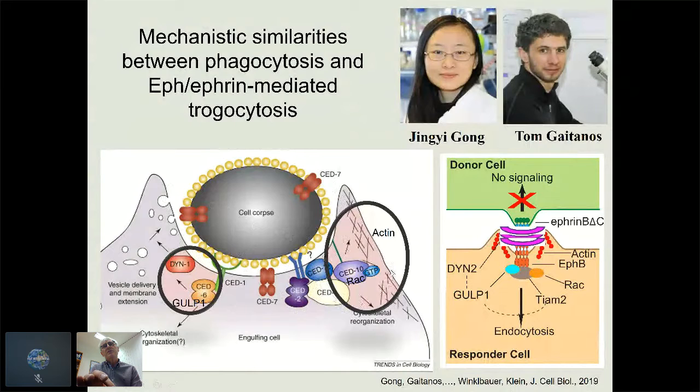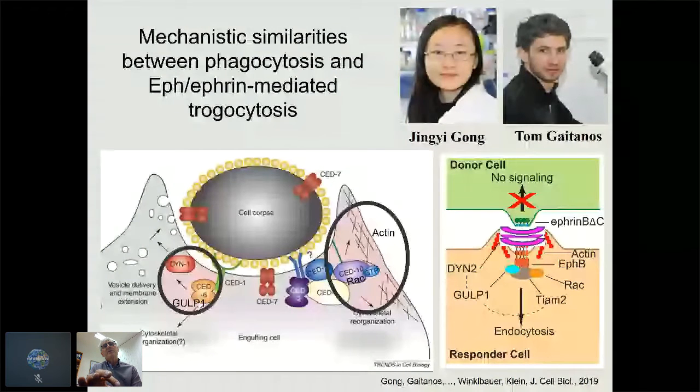Here on the right side, you see the RAC GTPase, you see the activators of RAC, the GEFs, you see actin polymerization, which is required. Here on the left side, you see this protein, GULP1, which was the focus of this paper. It's an adapter protein that has a phosphotyrosine binding domain.